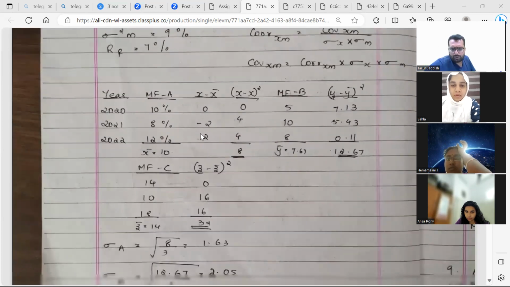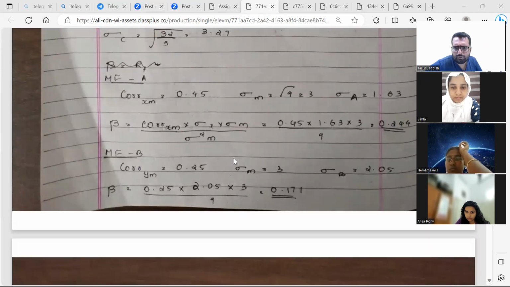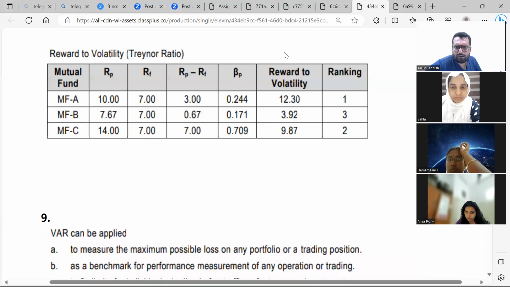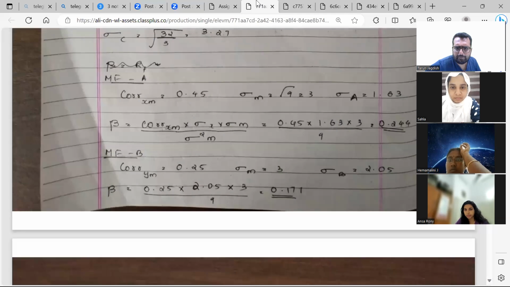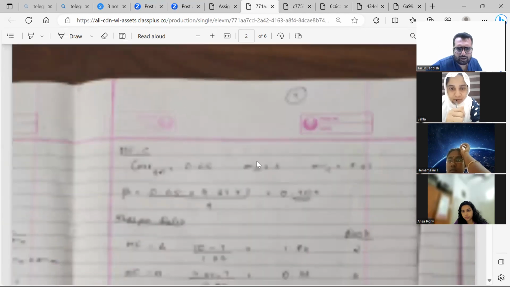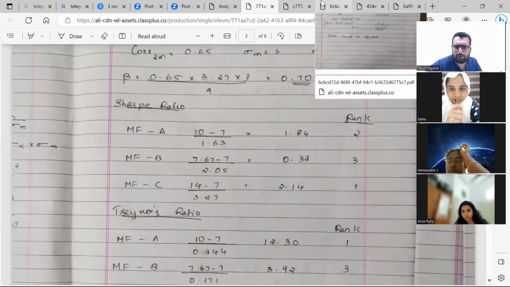Now if you come down, you get 1.63, 2. Mutual fund A 0.24. Let me check. You've got a different answer, I think. That's correlation, is it? Beta. Okay, let me go to the Sharpe's ratio. 1.84, 0.32, 2.14.